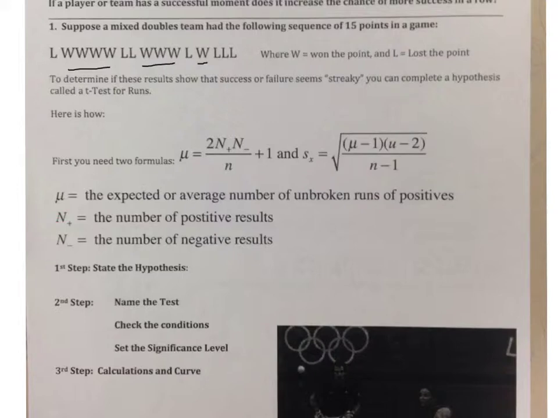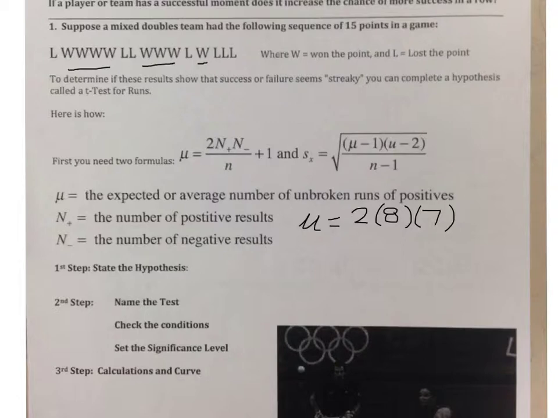Let's actually figure this out. I'll need your help with the calculator too. Let's figure this number out, mu, using the results we got from the game of 15 plays. So with looking at the sequence right here that I gave you, how many positive plays were there total? There were 8 wins, 8 winning points. How many losing points were there? 7.